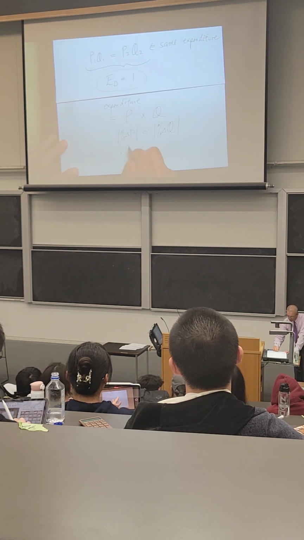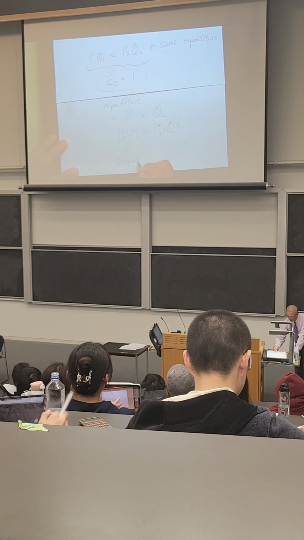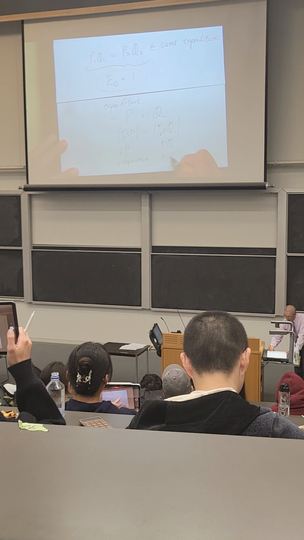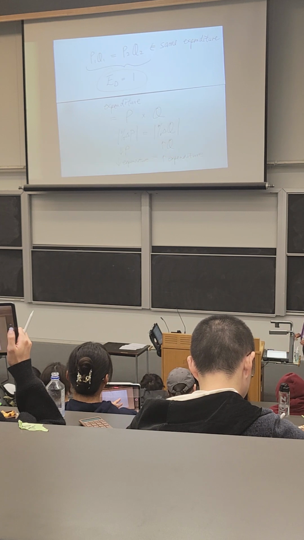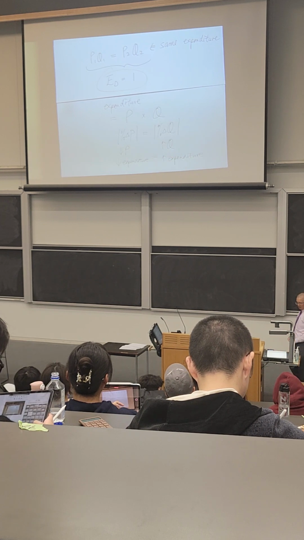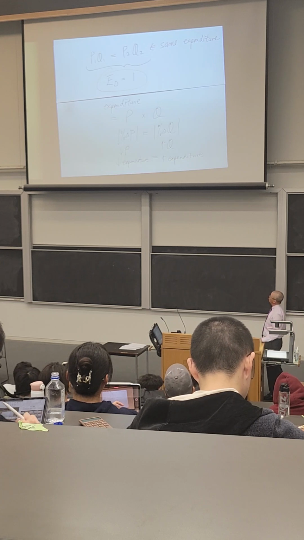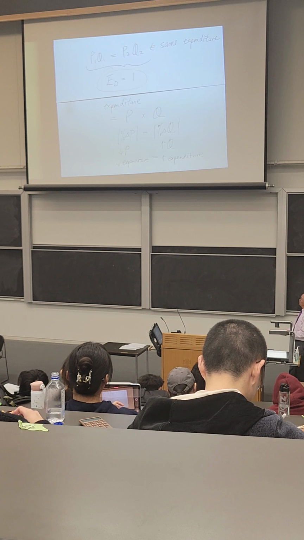The drop in the price would reduce expenditure, but the increase in quantity will increase expenditure. And these two forces would offset each other. So there will be no change in expenditure when we have unit elastic for this special case, the rectangular hyperbola.